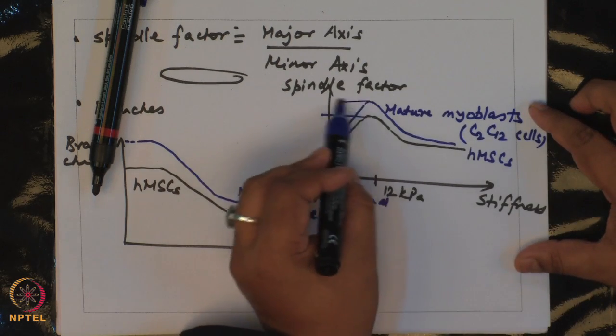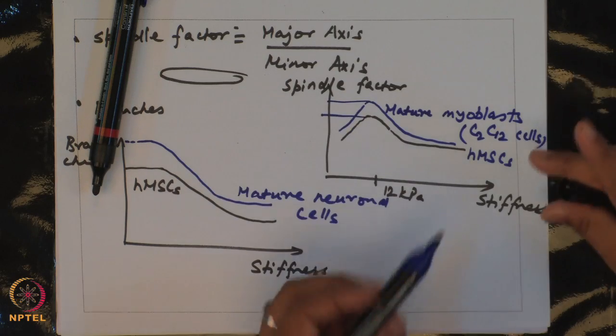So you had maximum elongation on the intermediate stiffness surfaces.